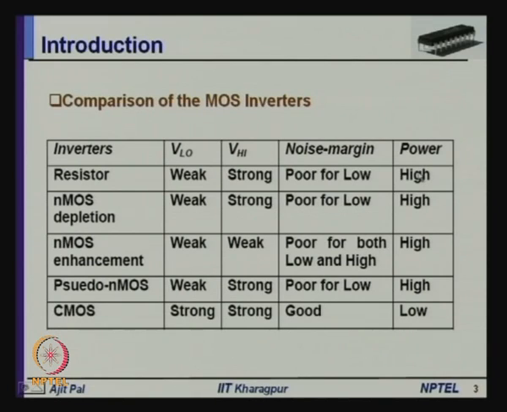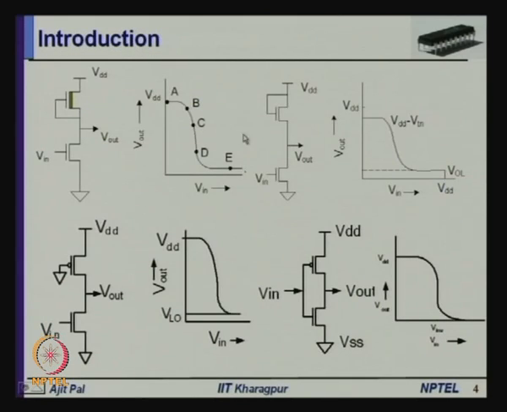We find that there is static power dissipation when the output is low for all the cases except for CMOS. So, we have seen that in all the cases both the transistors are on, in case of this inverter with enhancement mode transistor as pull up, or with depletion mode transistor as pull up, or PMOS transistor as pull up.